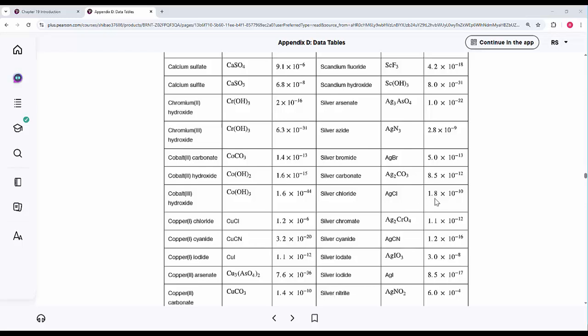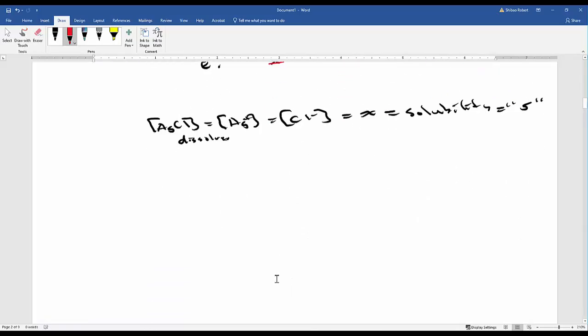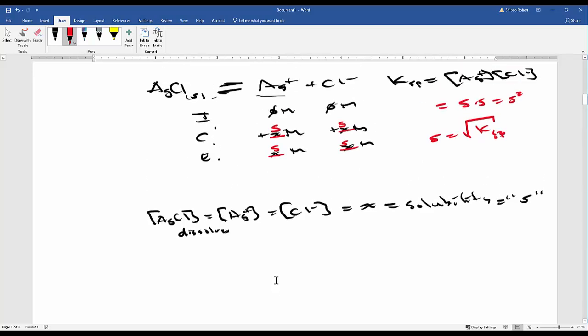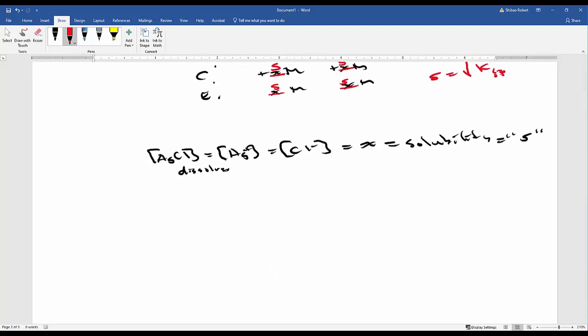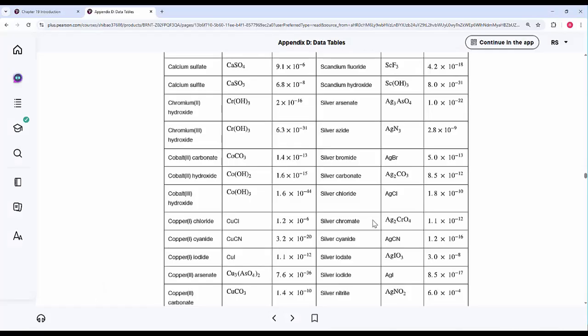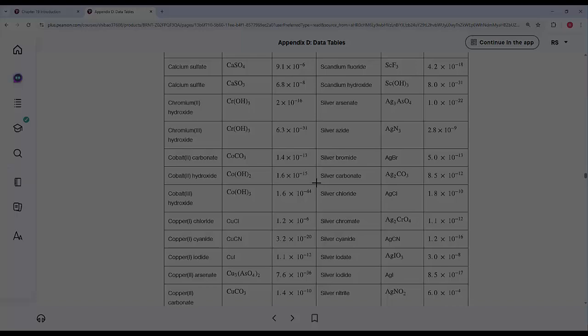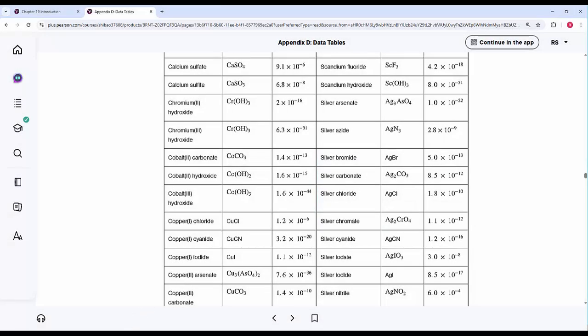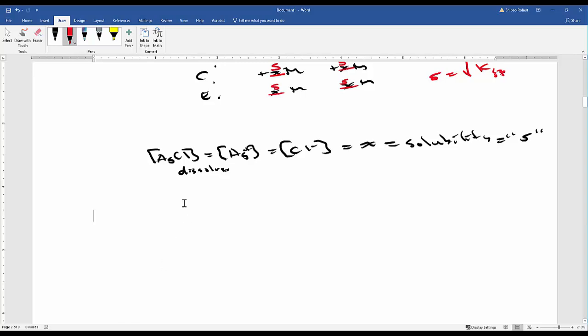But anyway, let's go ahead and calculate some solubilities. We'll take a look at silver chloride and figure out what the Ksp value is from the table, and then use that Ksp value to determine the solubility. Let me take this value here, 1.8 times 10 to the minus 10.